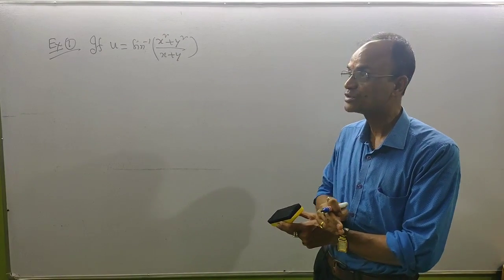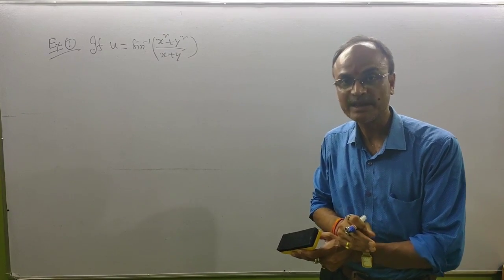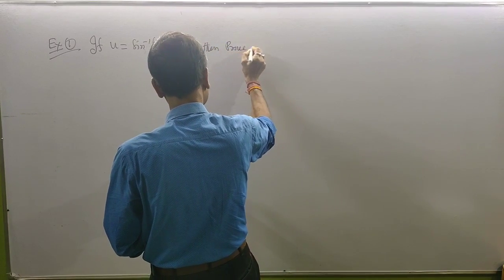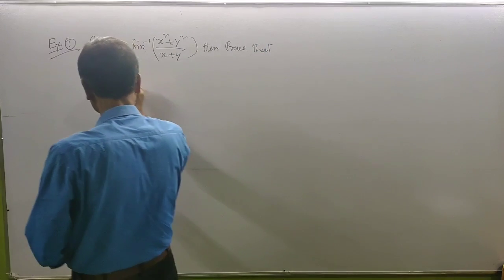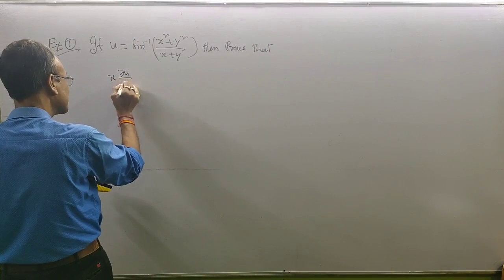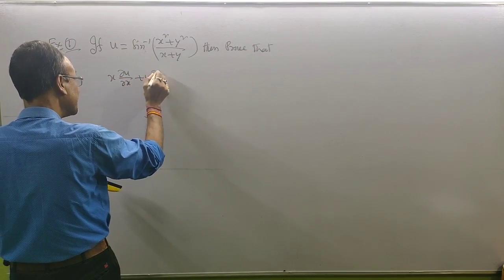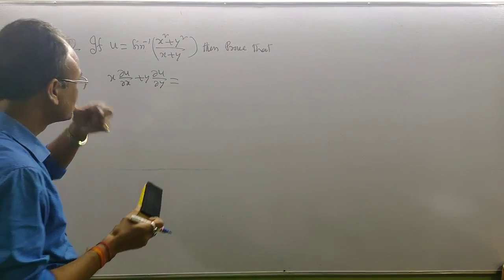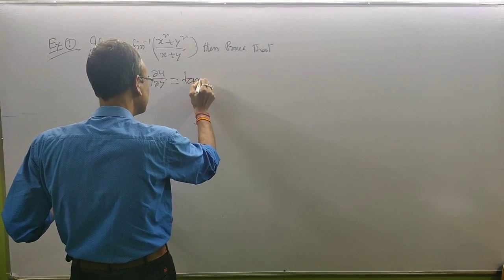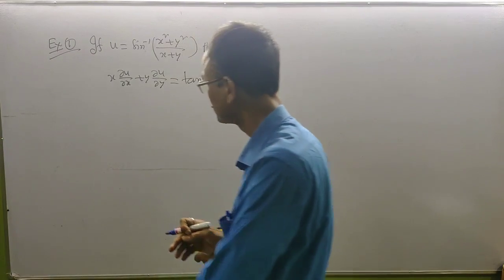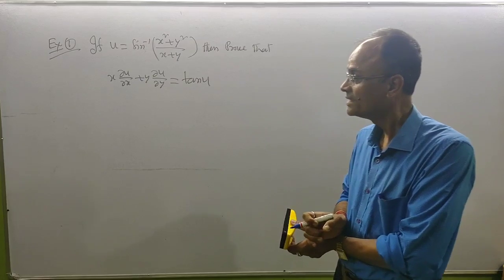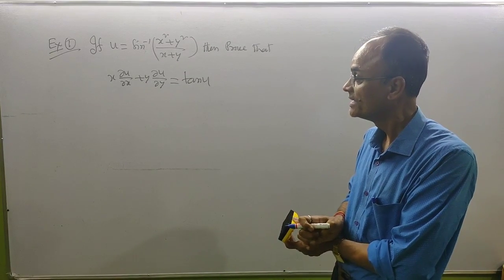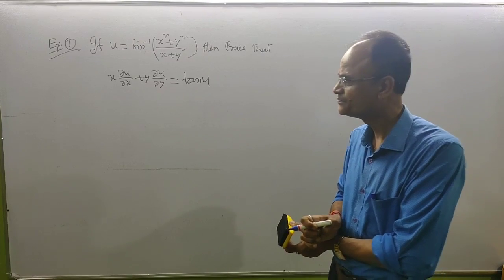If u equals sine inverse of (x square plus y square) divided by (x plus y), then prove that x del u by del x plus y del u by del y equals tan u.